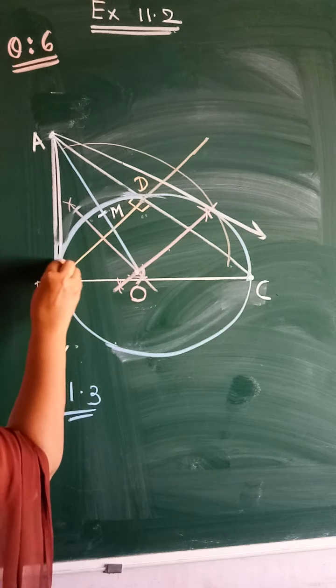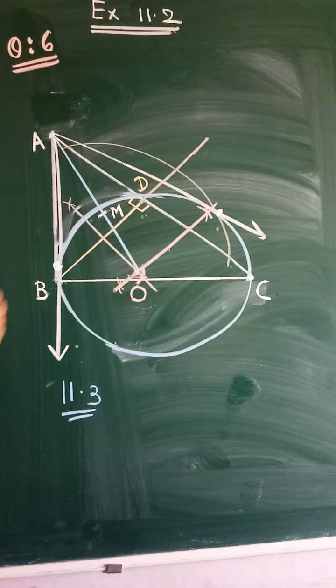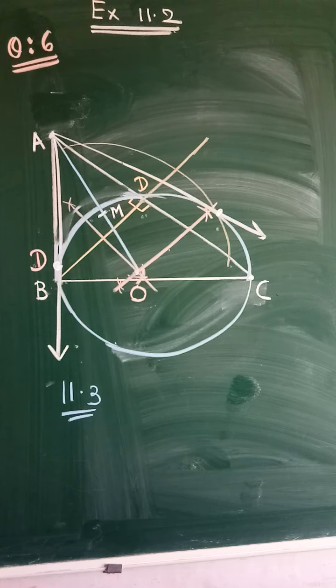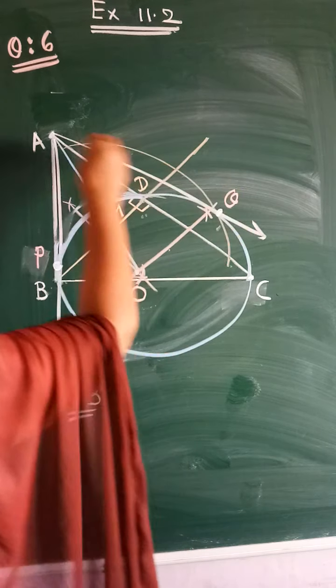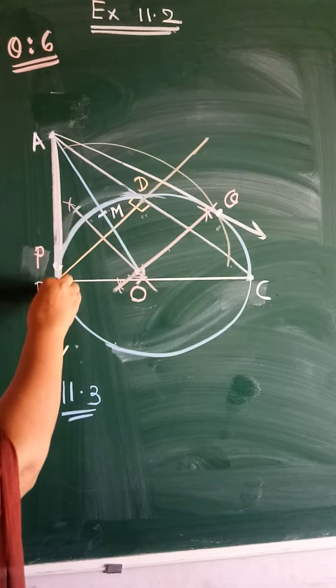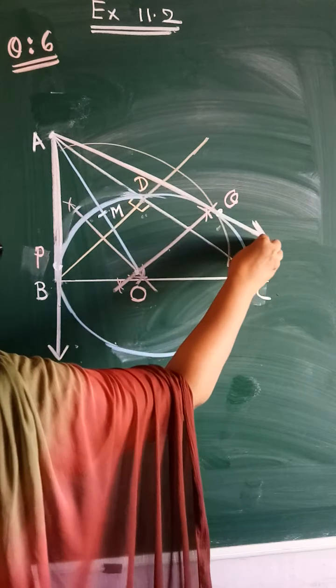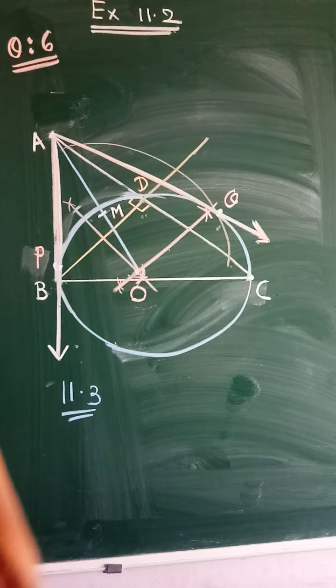My figure and your figure will be a little bit different. Suppose I am writing here D, and not D, D is already there. Let us give another name. So suppose P and here let us give the name Q. Then AP and AQ are the required tangents from A to the given circle.